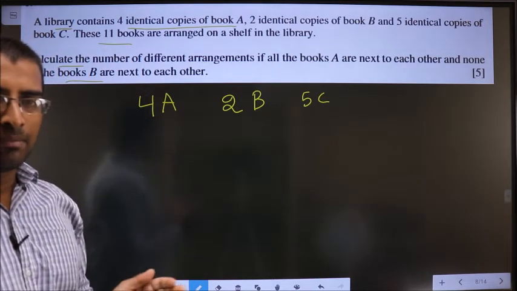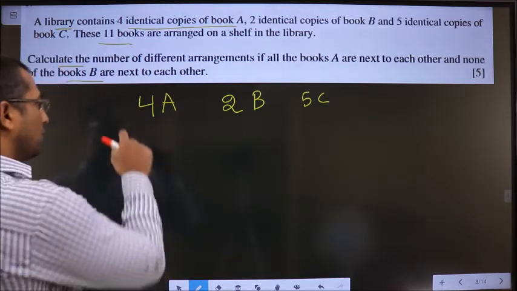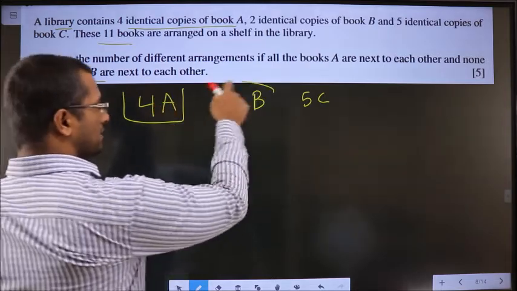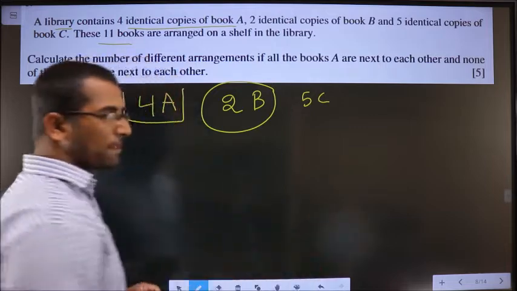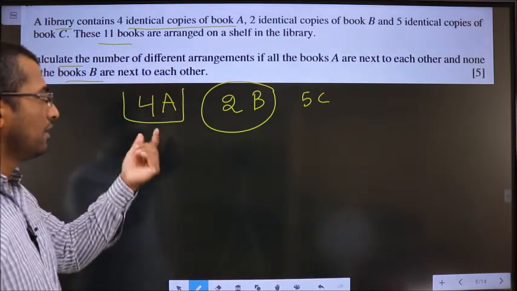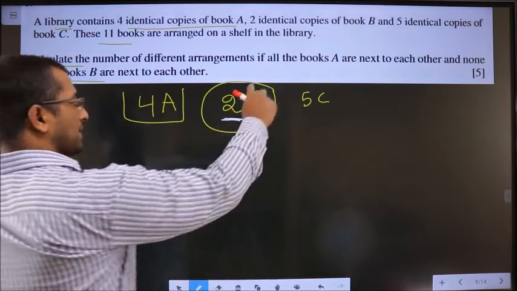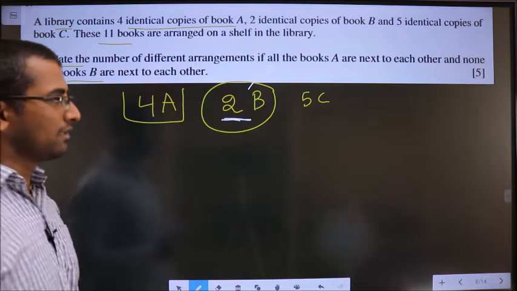This question is a combination of together and not together. He told all the A's should be together and B's should not be together. Whatever should not be together, you put them aside, separate. Arrange the remaining.